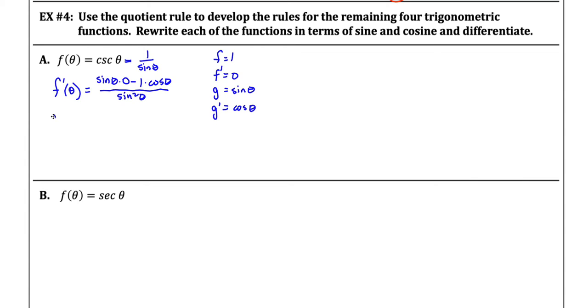All right, so I'm going to simplify this down. 0 minus cosine theta would be negative cosine theta on top. On the bottom, I've got sine squared theta.